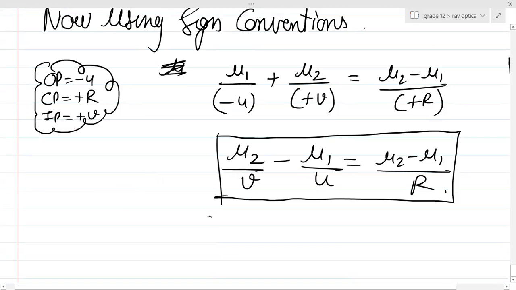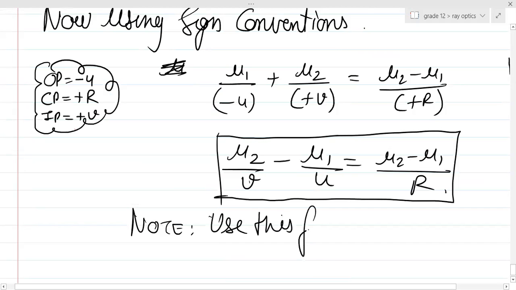Is this clear? Guys, this is clear. Plus, please remember, note, use this formula with sign conventions for any case.